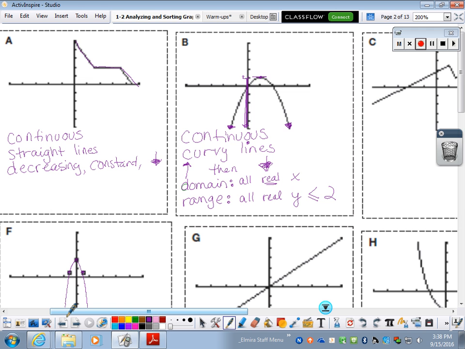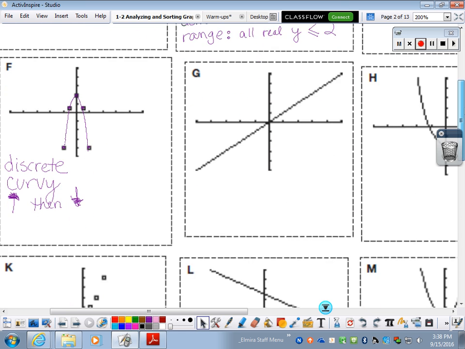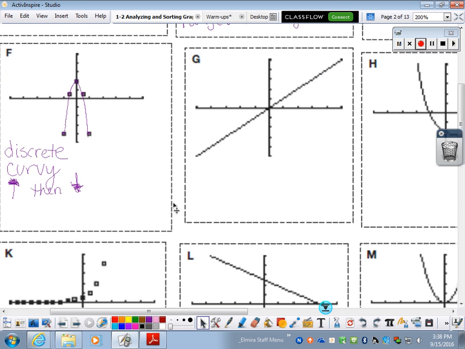Let's look at the discrete graph F for a second. In 5th period, I pretended it was a graph that went on and on forever. But in 8th period, we pretended that it was not a graph that went on and on forever. So if we're going to do domain and range for this, I kind of like the way I did it 8th period better.